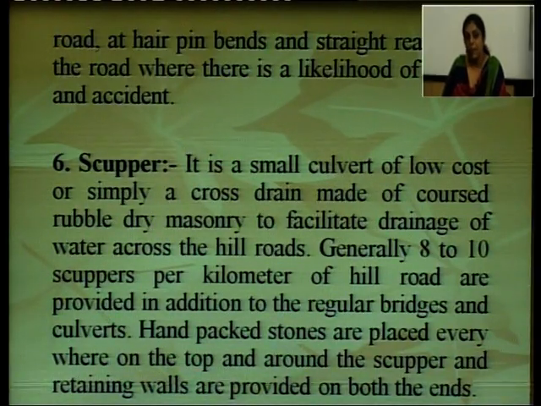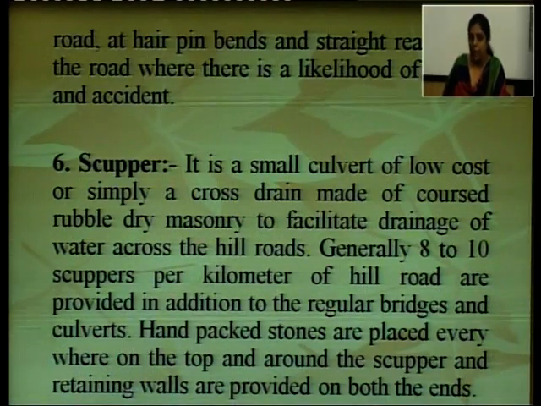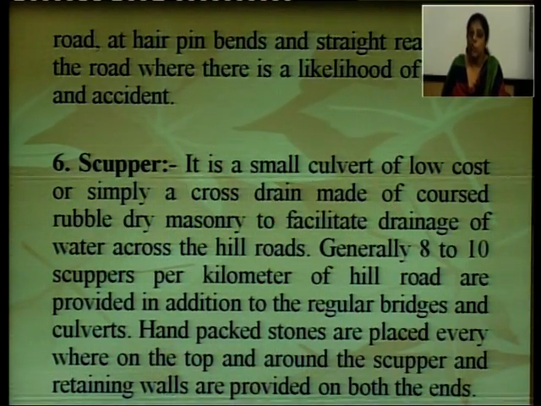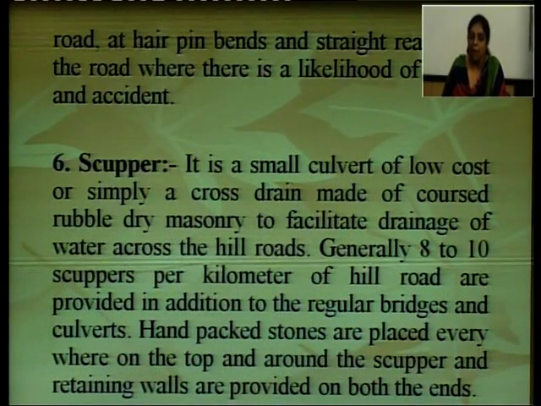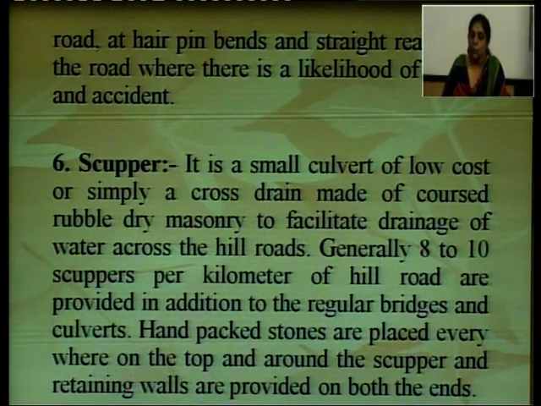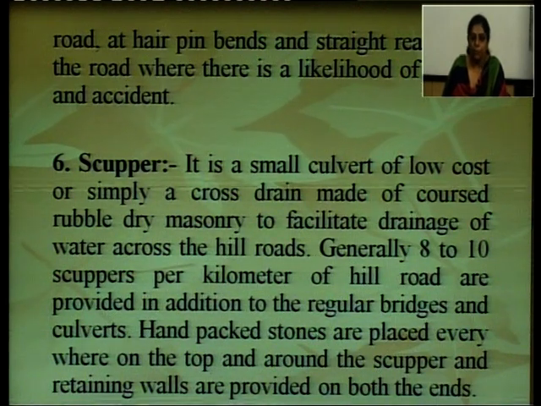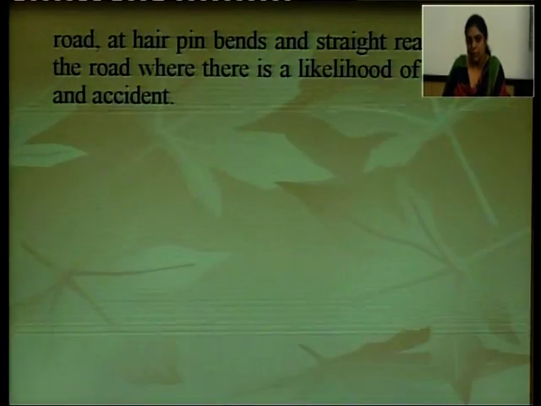So, scupper is a type of drainage facility given to the hill roads. It is a small culvert of low cost or simply a cross drain made of coarse rubble dry masonry to facilitate drainage of water across the hill roads.